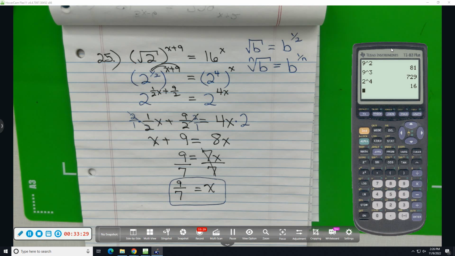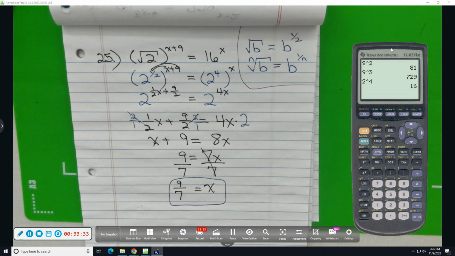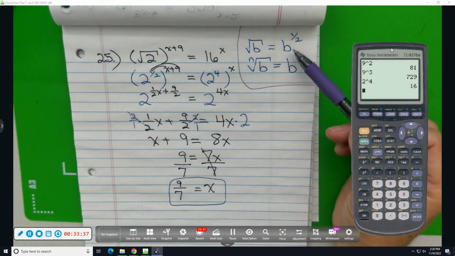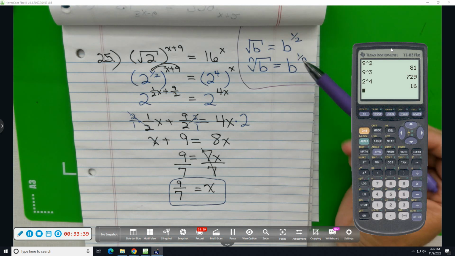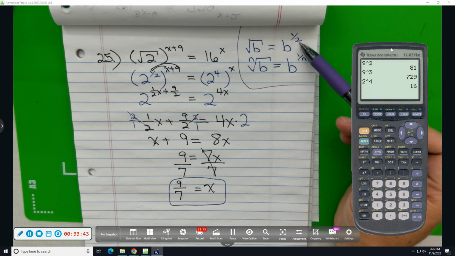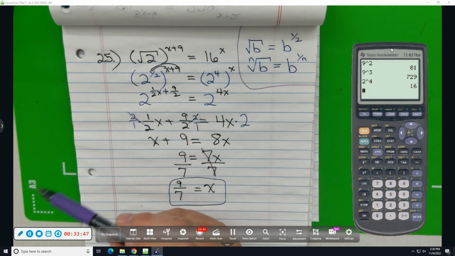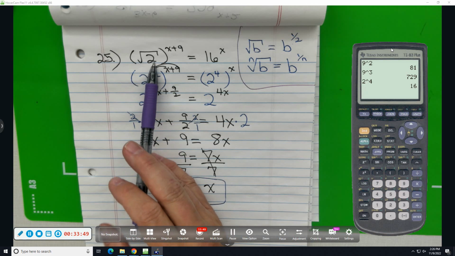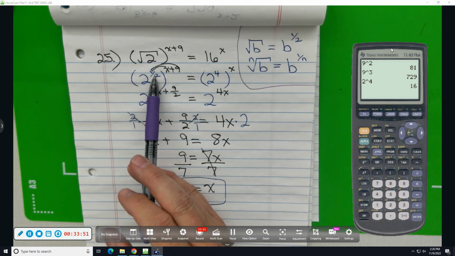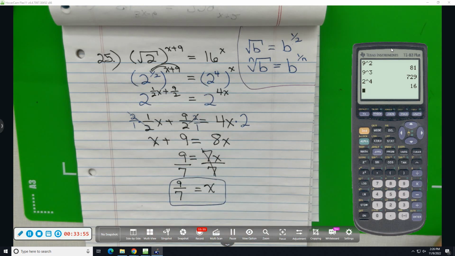Any questions there? We have our two properties involving rational exponents, how you rewrite a radical in terms of a rational exponent. Add that to your bag of tricks for exponentials and logarithmics. If you have a radical, write it as an exponent, and then we were able to write 16 as a power of 2 also.